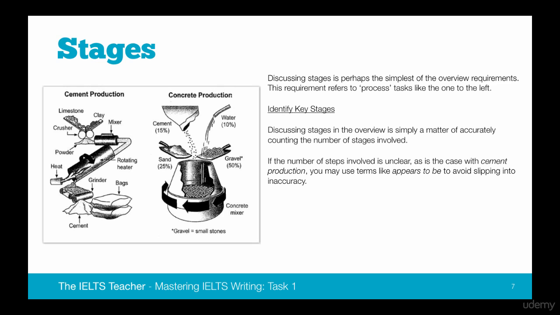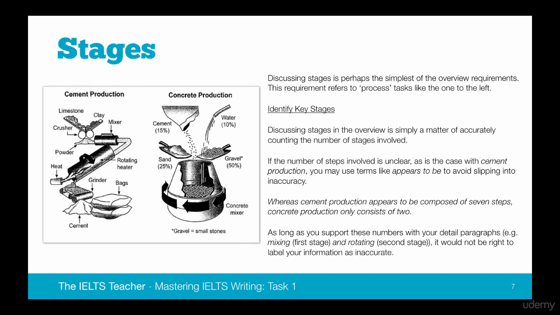Sometimes the number of steps involved is unclear, such as in the case with cement production. It's not very clear whether crushing the limestone is 1 or 2 stages. But you may use terms like appears to be to avoid slipping into inaccuracy. For example, whereas cement production appears to be composed of 7 steps, concrete production only consists of 2.